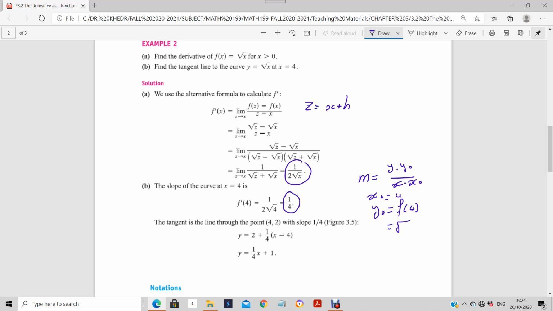So this is square root of 4, that is 2. So when you substitute instead of x0, 4, and y0, 2, and instead of m, 1 over 4, which you find from the derivative, then you will get this equation for the tangent line to the function at x equals 4. So this is the way we solve questions on this definition.